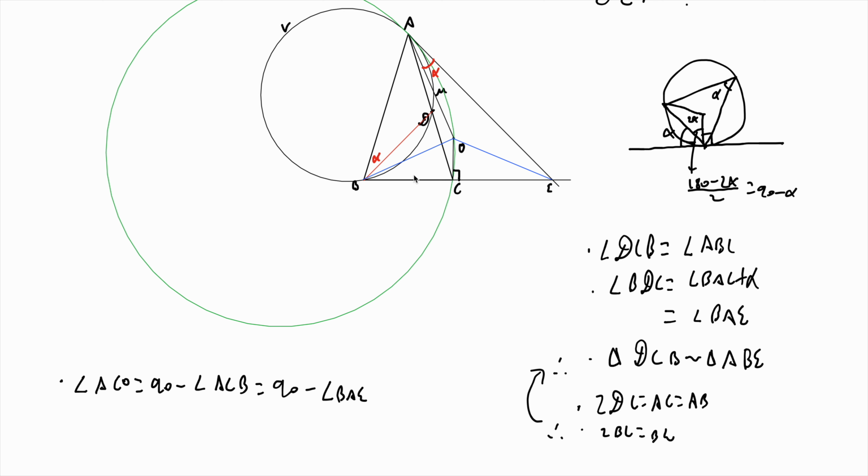So this angle is equal to 90 minus BAE. So this and ACO are the same. Wait, 90 minus ACB, ABE, what am I saying? ACB, ABE, or ABC.